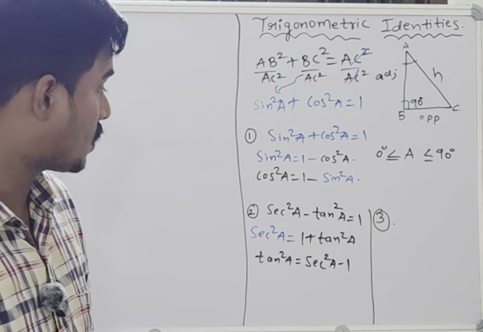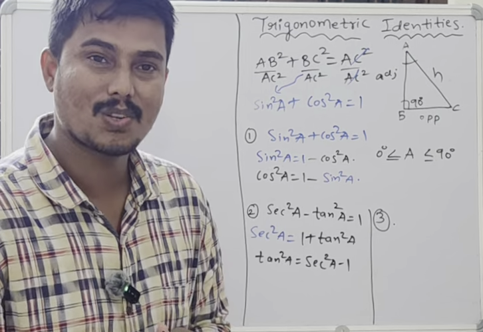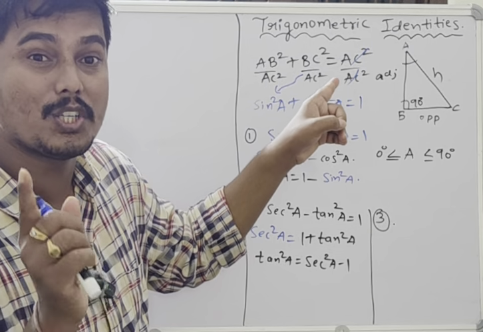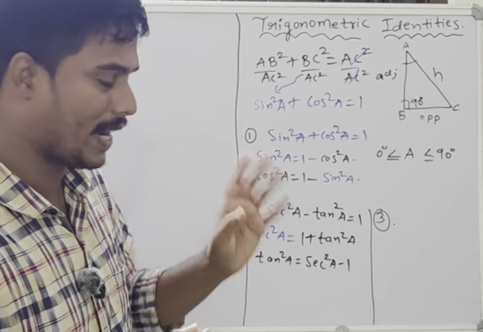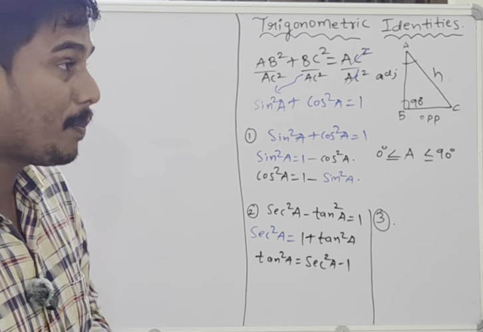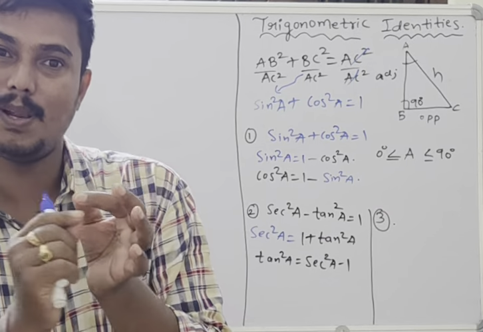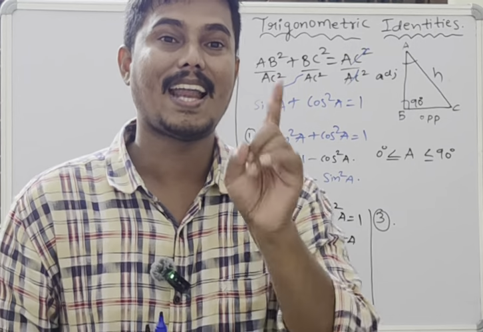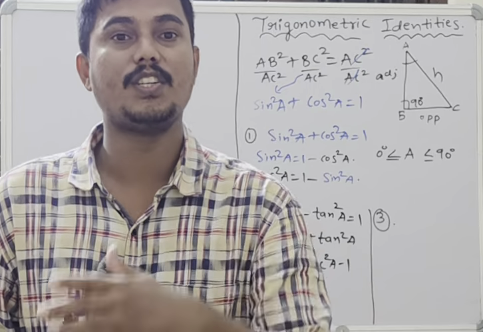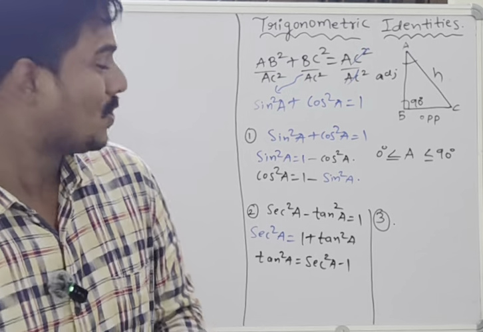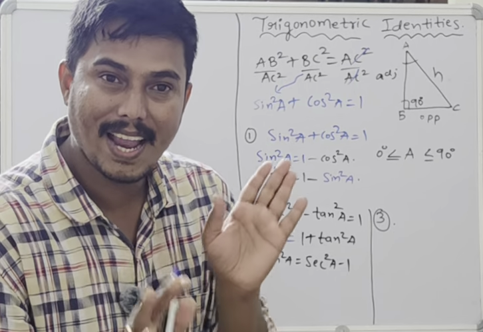Now you may get a first doubt, sir, how secant square A minus tan square A? Using this, think what you should divide, where, then you are going to get it. Same way, there's one more identity, but before that, the conditions are very good. If you see the tan table and secant table, tan 0 to 90, secant 0 to 90, they are not defined for 90 degrees. So this angle A cannot be 90.